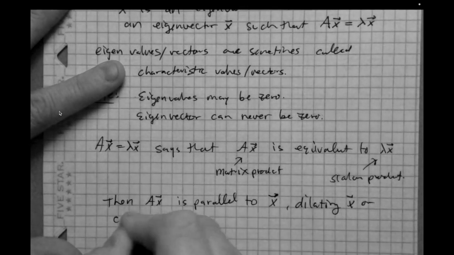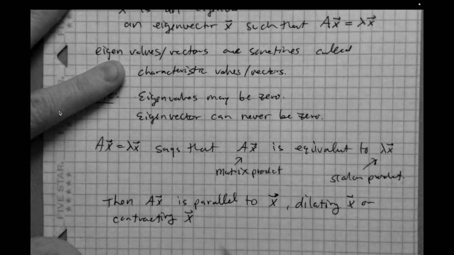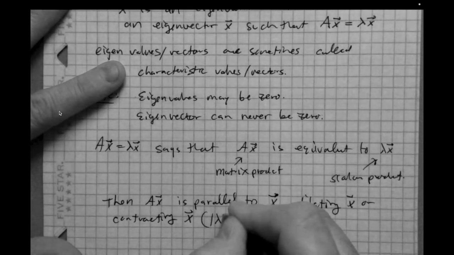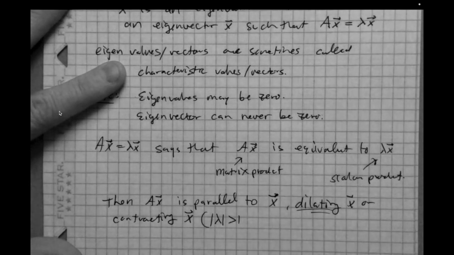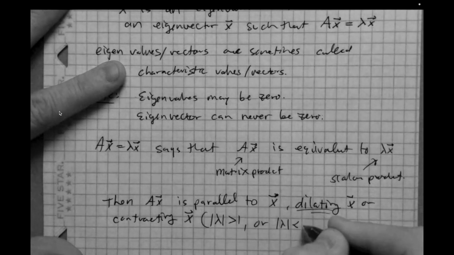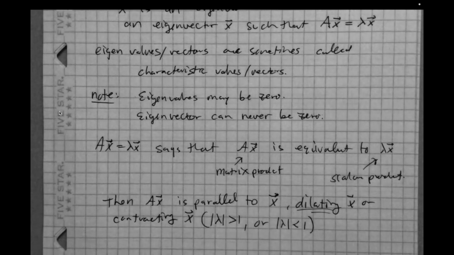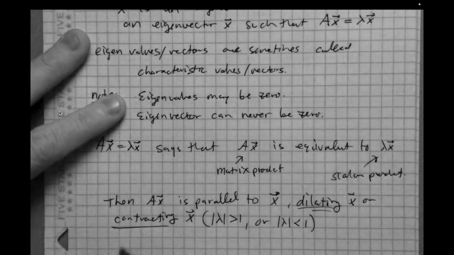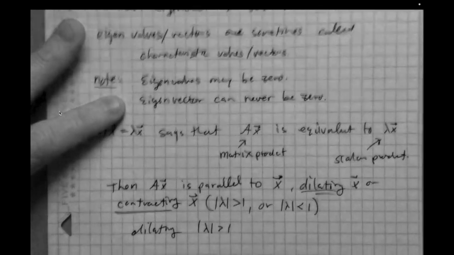The way to think about that is all based on the value of lambda. If the absolute value of lambda is greater than 1, then we're going to be dilating. But if the absolute value of lambda is less than 1, then we're going to naturally be contracting. So dilating is when lambda is greater than 1.